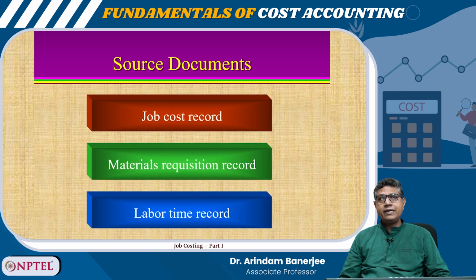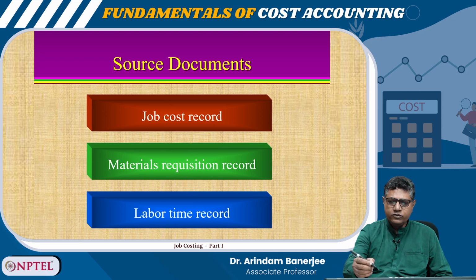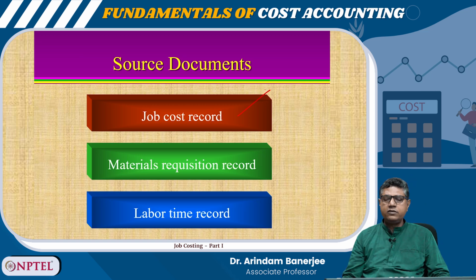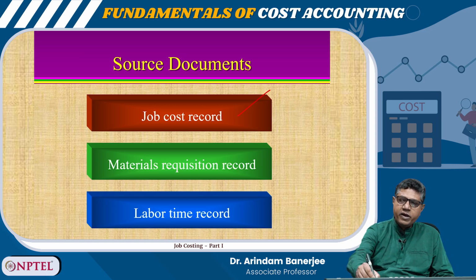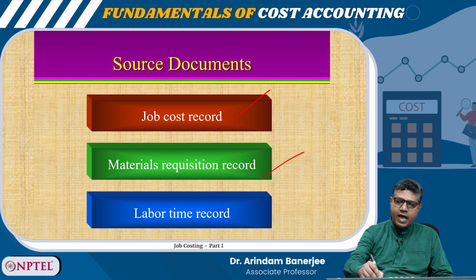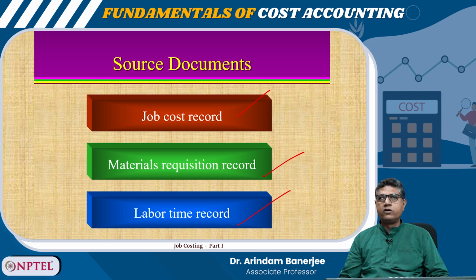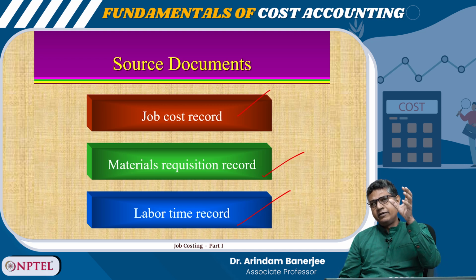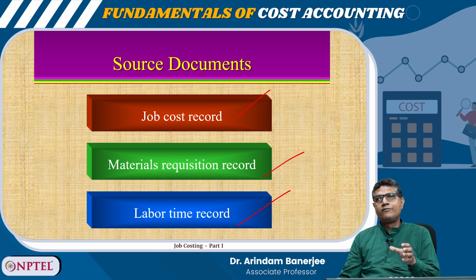Now, from where can I get this information in a company? I need some source documents for that. First source document is the job cost record, second one is the materials requisition record, and third one is the labor time record. In the job cost record I will record whatever material, labor, and other direct expenses have been incurred for executing the job.